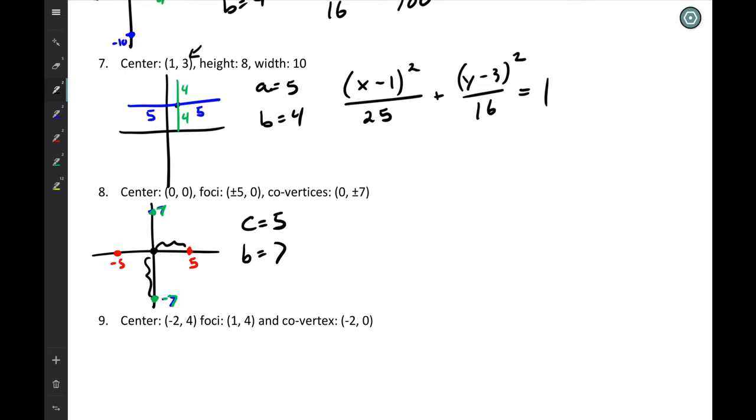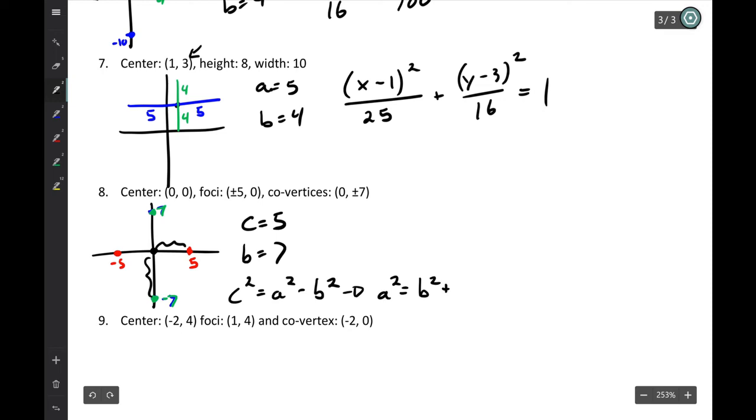So given that information, I can go through and calculate a, because I know c squared is equal to a squared minus b squared, which is the same thing as saying a squared is equal to b squared plus c squared. And the nice thing about this is if I know b squared is 49 and c squared is 25, I know then a squared is equal to 49 plus 25, which is just 74.